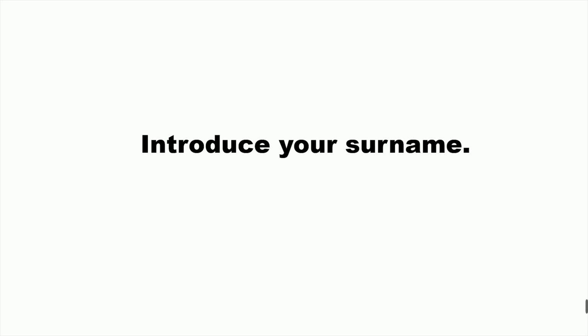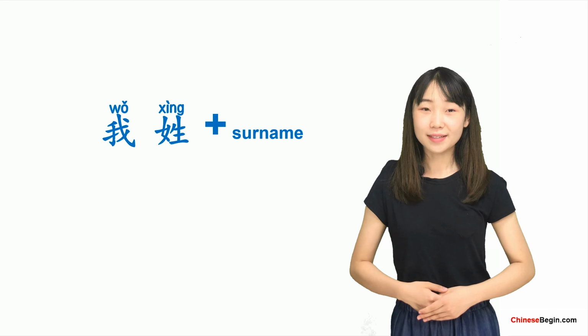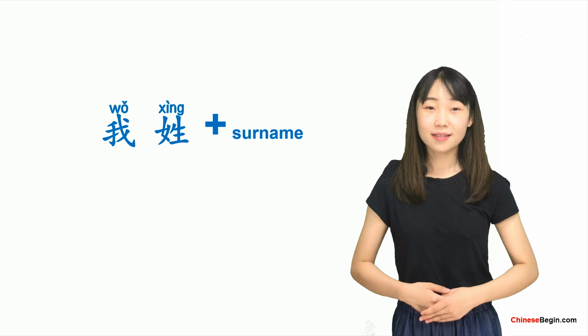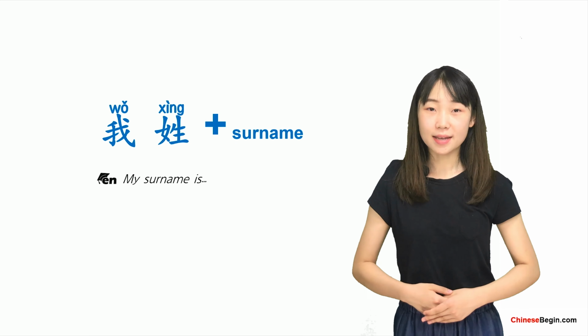After learning the composition of a Chinese name, how do you introduce your name in Chinese? Let's look at how to introduce your surname first. When you introduce your surname, you can say 我姓, then add your surname, which means my surname is.